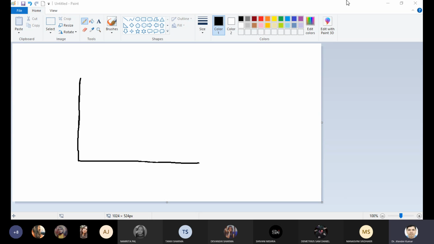ठीक है. So you have been given a task in class: guess the height of this new student. What do you think should be your best guess? What number will you give? The new student's height should be this many centimeters. Any idea what should be the best guess? Yes, Namrita.